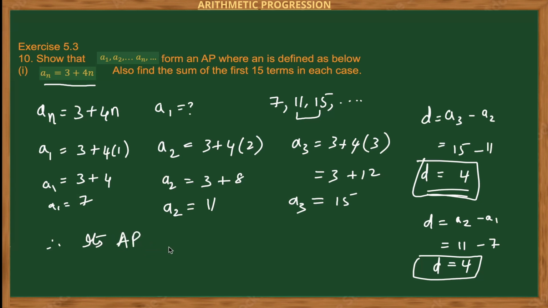You can write further why it is one with this particular sequence. Now it says find the sum of the 15 terms. To find the sum, you need Sn is equal to n by 2 into 2a plus n minus 1 into d.